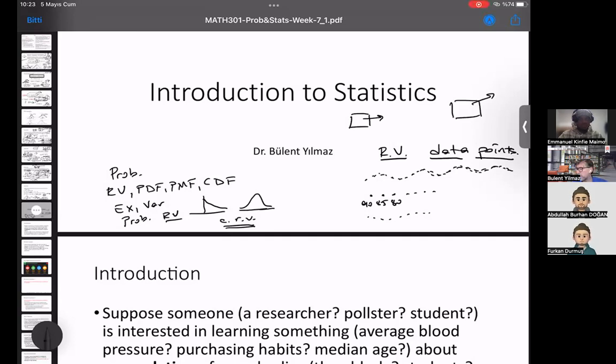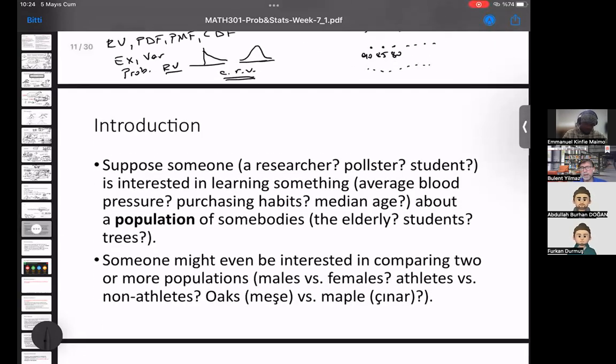So these are all data points, and we want to do some statistical analysis on them. In this second part of the course, we will mainly focus on statistics. We will try to give you a sense of what statistics is as we go further. So here is one example.